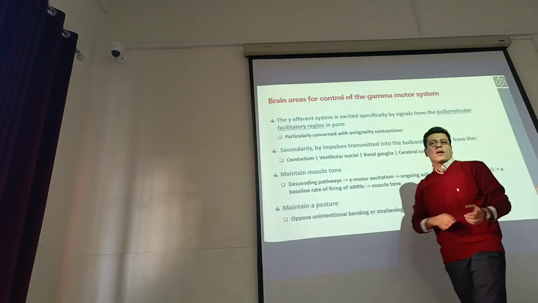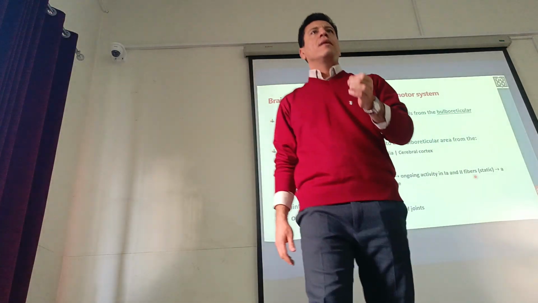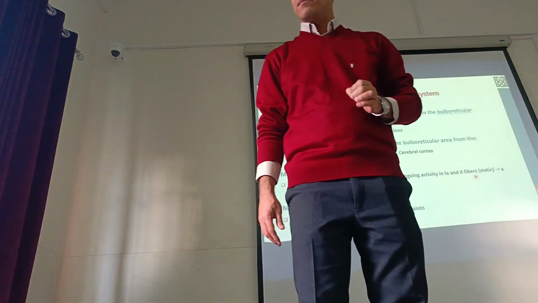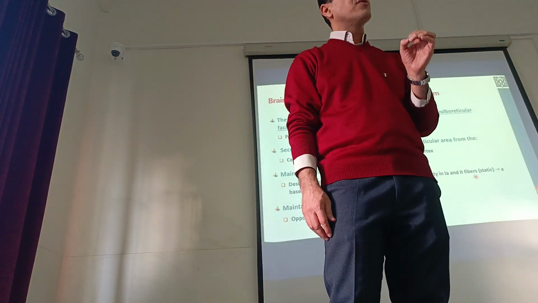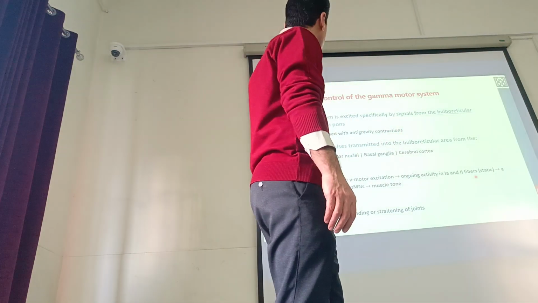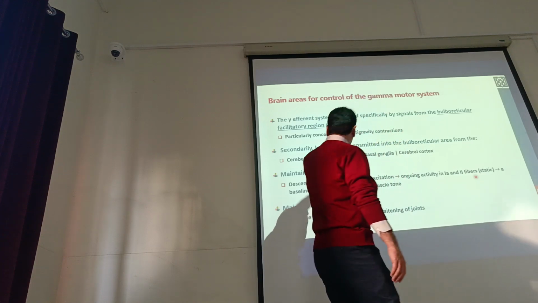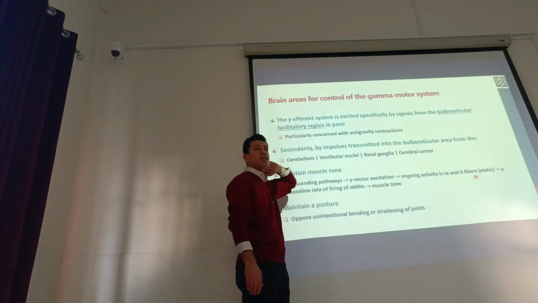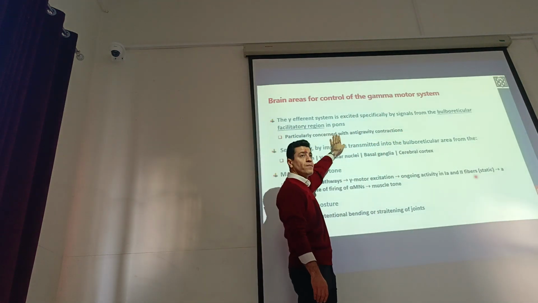So, in the brain stem, in the pons, we have a region called the bulboreticular facilitatory region. It is located in the pons.